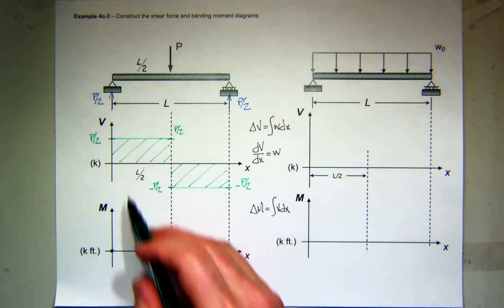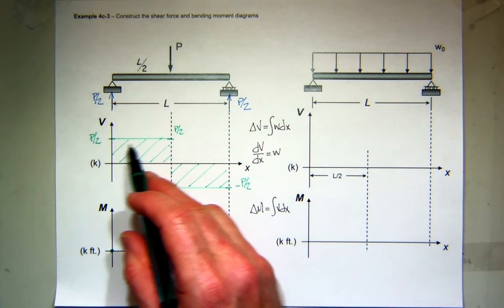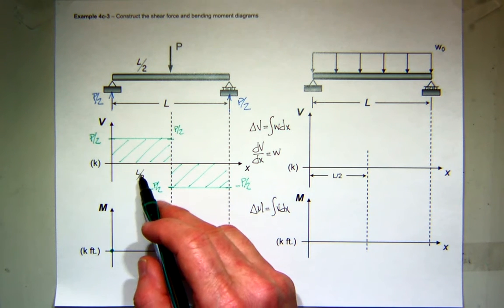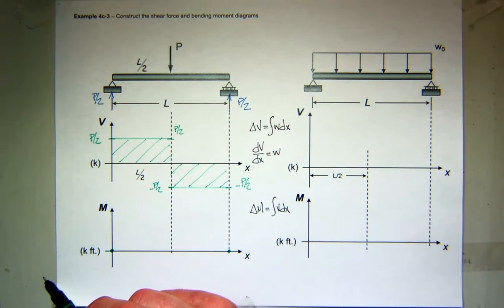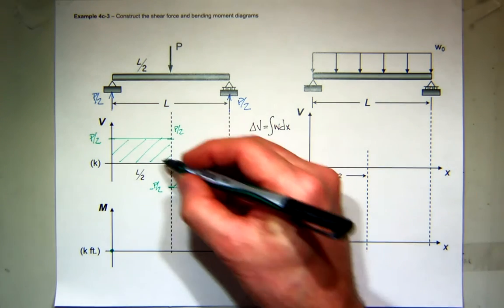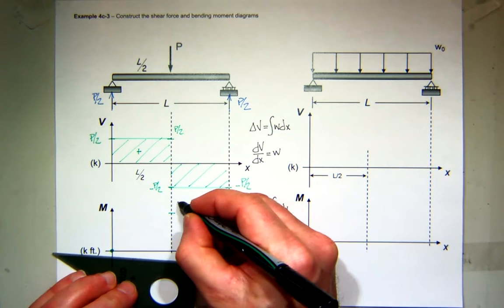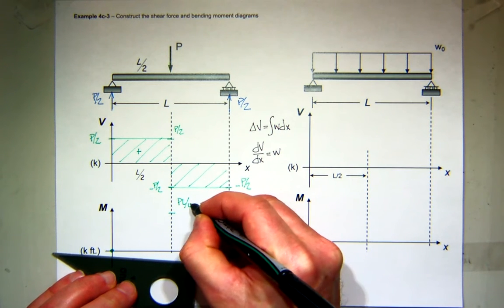So this part of the shear diagram is continuous. What's the area under this part of the diagram? It's a rectangle, so base, L over 2 times height, P over 2, that's PL over 4. So 0 plus PL over 4 gives me PL over 4.